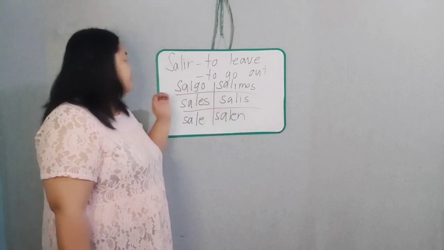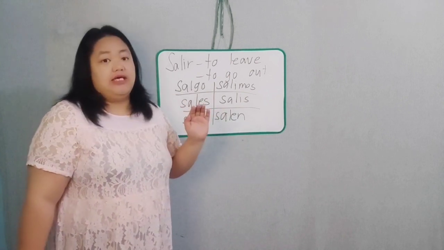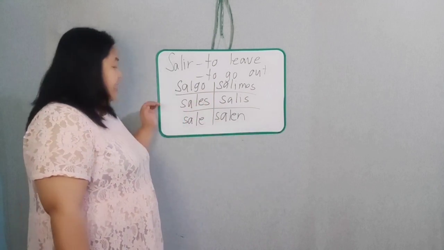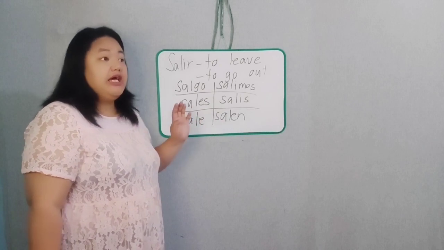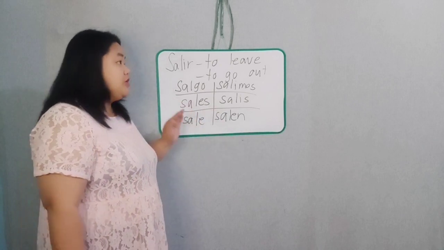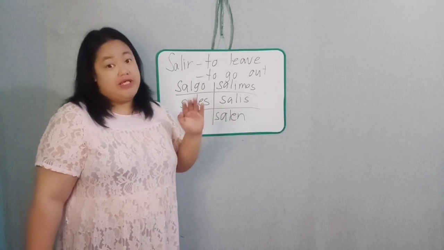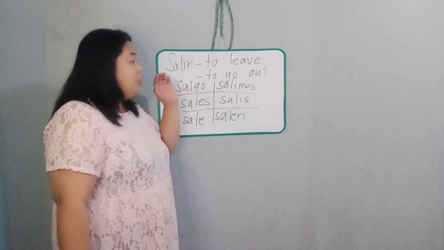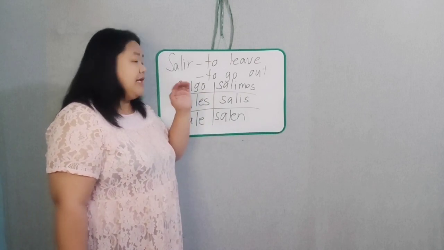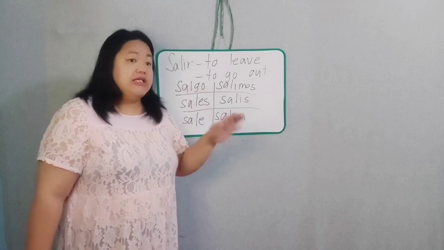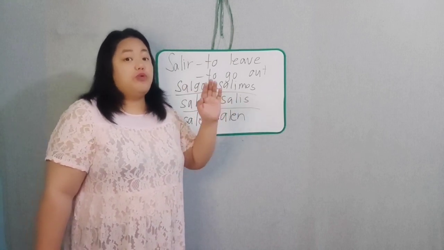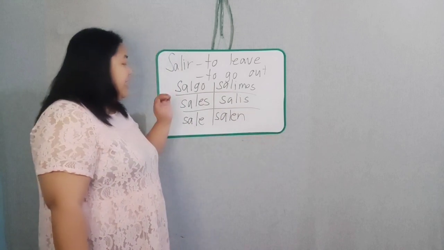So you can now say, yo salgo, I live. Tú sales, you live. Él sale, he lives. Ella sale, she lives. Usted sale, you live in a respectful way. Nosotros salimos, we live. Vosotros salís, you live plural form.